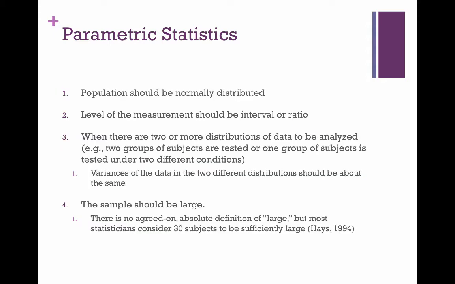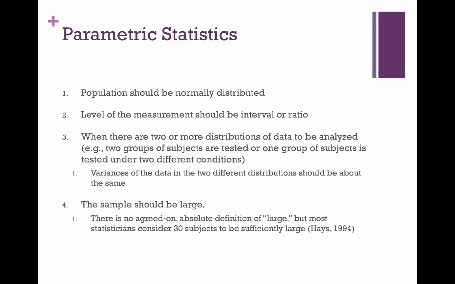So to use parametric statistics, which is a very powerful form of analysis, the population needs to be normally distributed. So your data needs to fit on the normal curve model. The level of measurement should be interval or ratio.